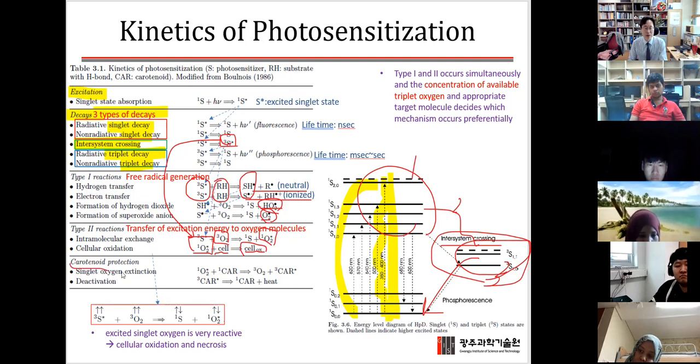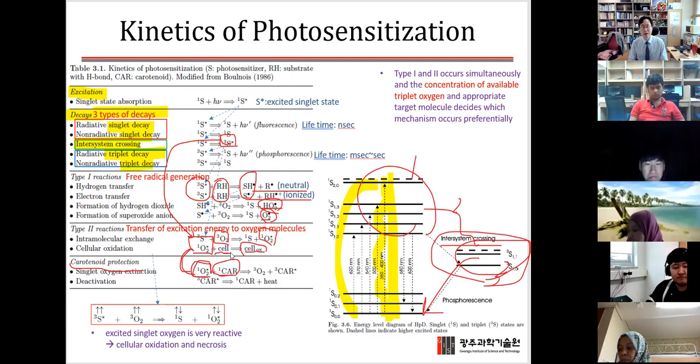If you have a carotenoid surrounding that photosensitizer, then this carotenoid has a better reaction with the excited singlet state oxygen. So when there is a cell and a carotenoid together, this excited singlet oxygen molecule prefers to bind with the carotenoid, so the carotenoid can work to reduce the damage to the cell.